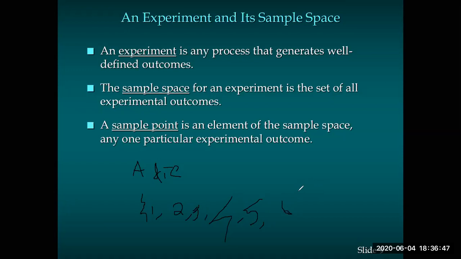These are the 6 possible outcomes. They're all well-defined outcomes, but which of these outcomes will come up, we don't know. So this thing is called the sample space. The sample space is the space from which a single result can emerge for an experiment.